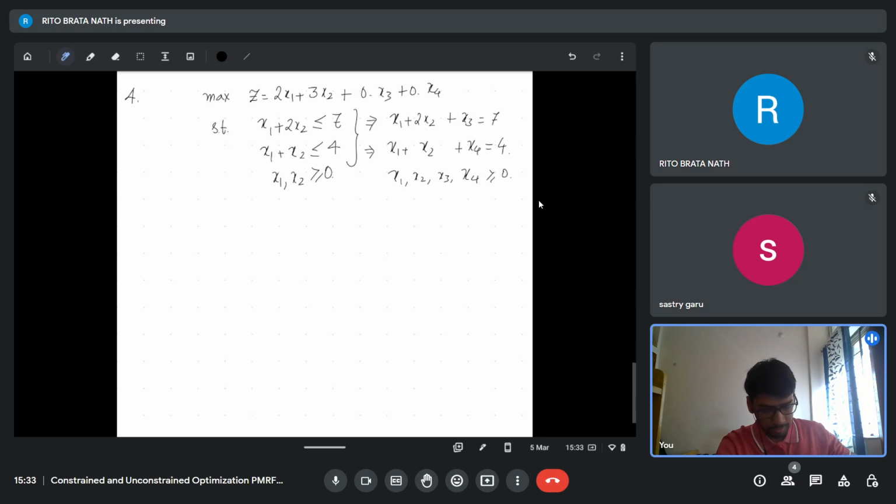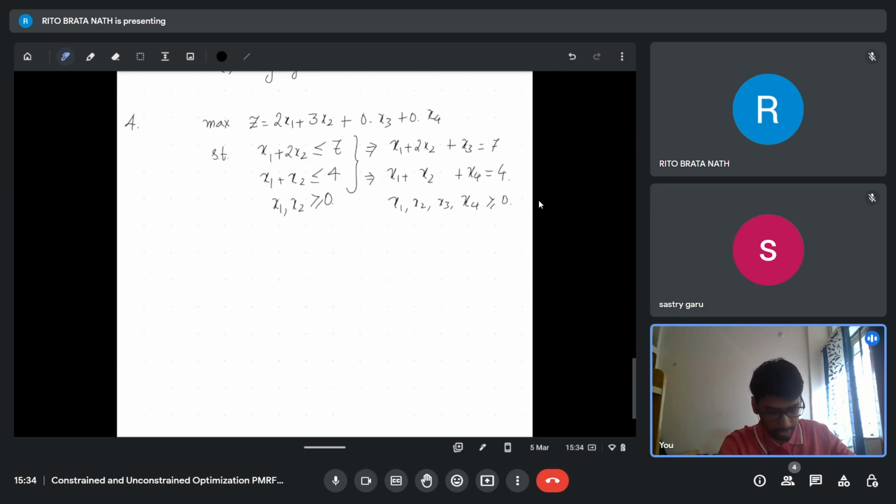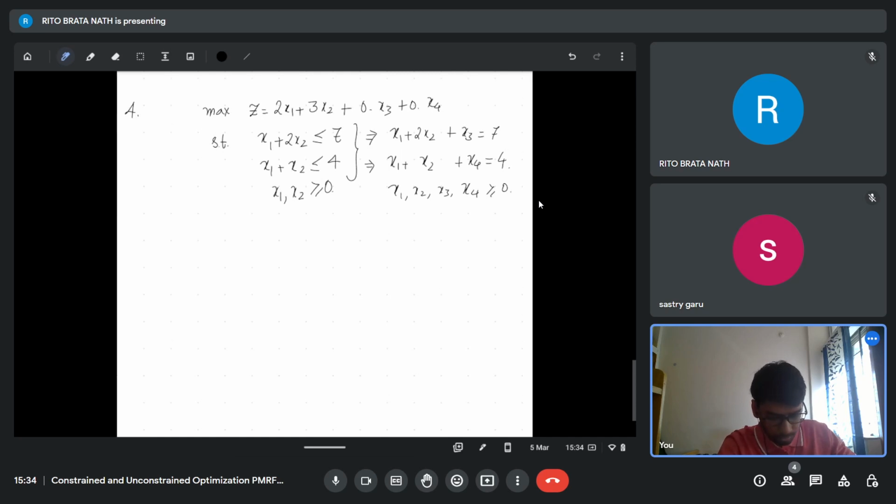Now, what you can do, this feasibility condition, initially, so x3 and x4 are 7 and 4. So that means you have to introduce something which is x1 plus x2 plus xm equals m. So m is very large. And you can find z1 minus c1.